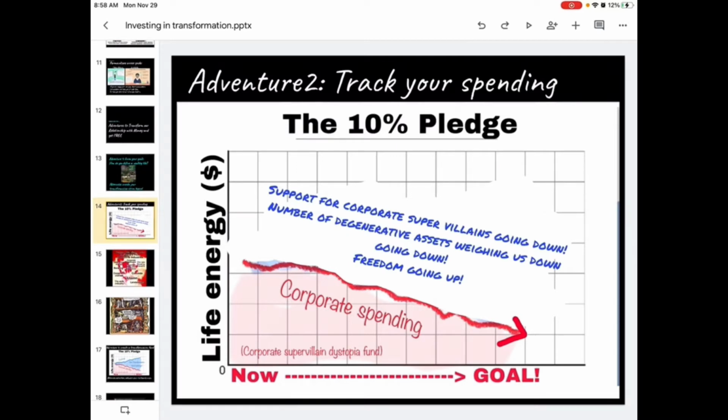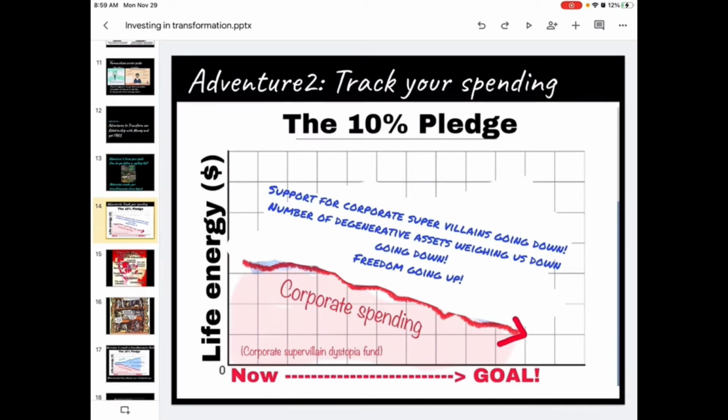The permaculture goal has always been to get people with the privilege to do so to reduce their corporate spending by 10%. When we do this, we could say we're divesting from destruction, which is why we call this corporate spending the corporate supervillain dystopia fund.